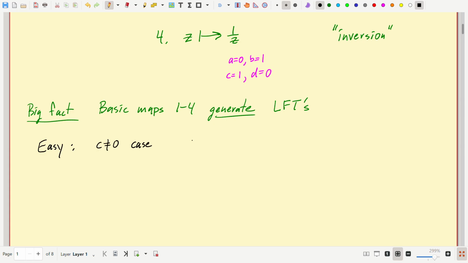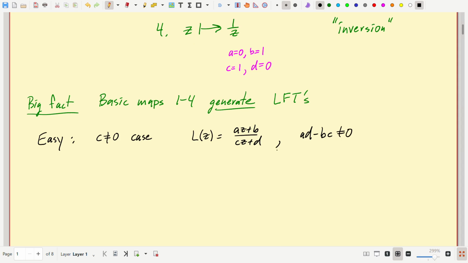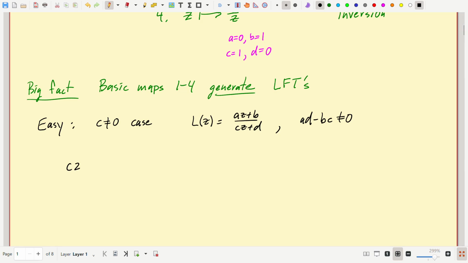Then, remember my L of z is az plus b over cz plus d. And we know how to do long division. And we need ad minus bc unequal to 0. If I do long division like you learned in junior high probably, to get rid of the az term, I would multiply that thing by a over c.